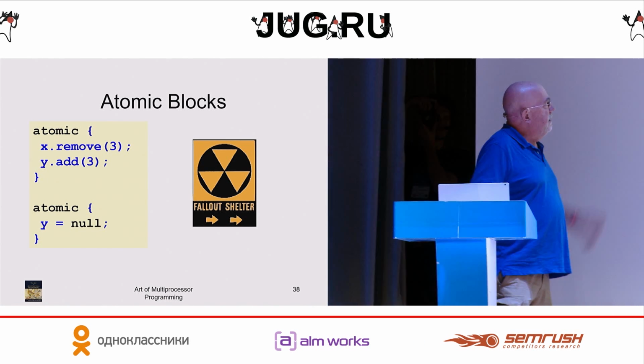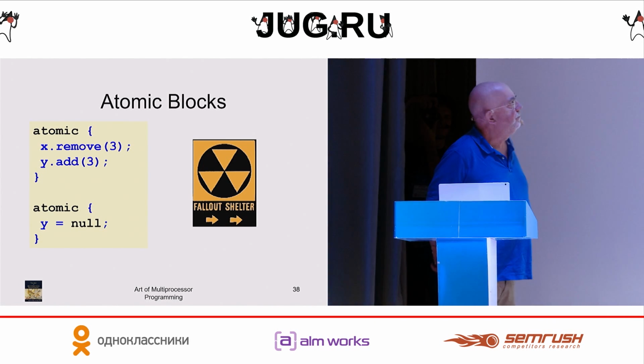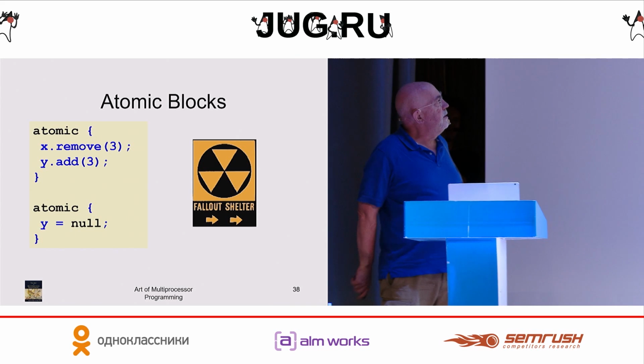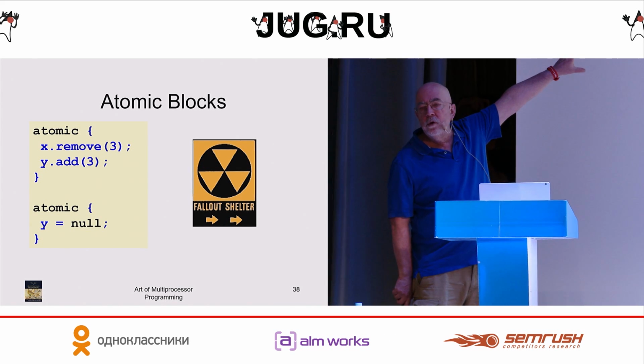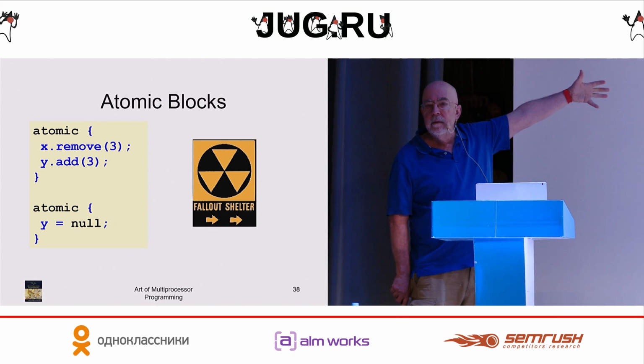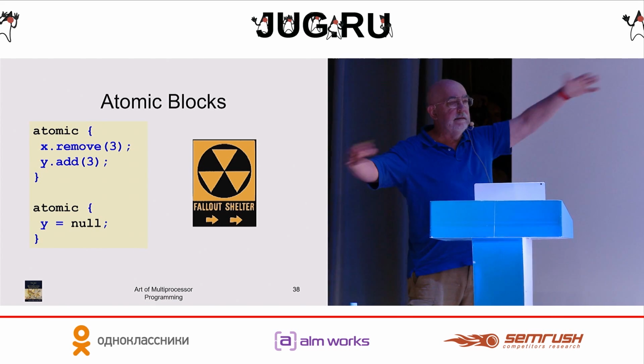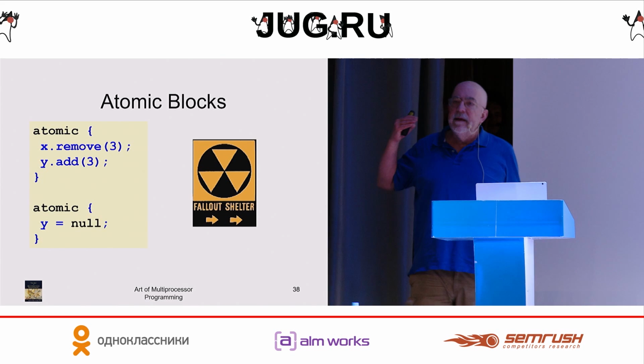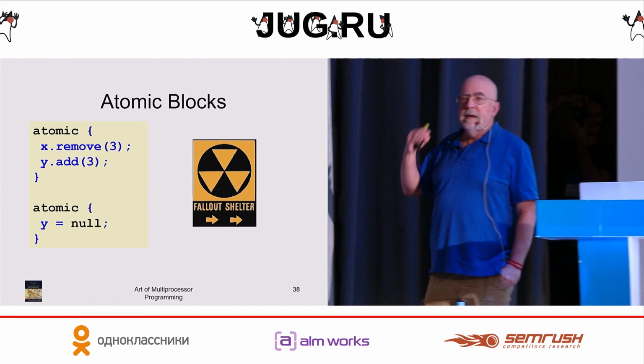So here's an example of very simple atomic blocks. I'm going to represent a transaction with an atomic keyword, much like a synchronized keyword in Java. There's no reference to any lock. It just says that this is atomic. It doesn't specify how these statements are made atomic.